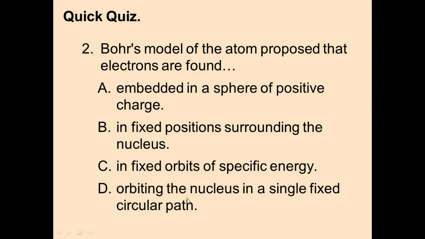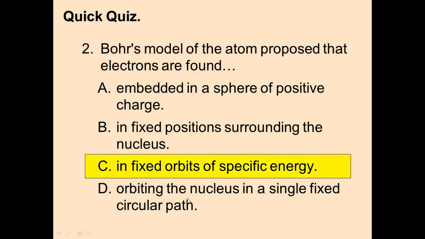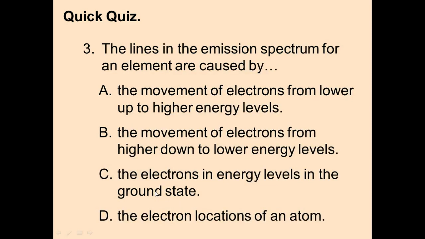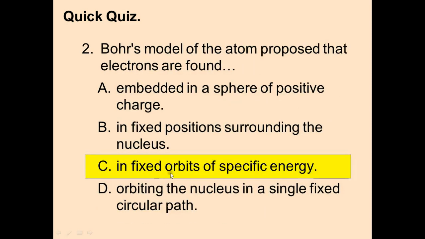And that also sounds correct, so the answer is C, because in D they can change their orbitals if they gain energy, and so it depends on the energy. So you can eliminate D because it says it's fixed, but it's not fixed because it can slightly change a little bit.